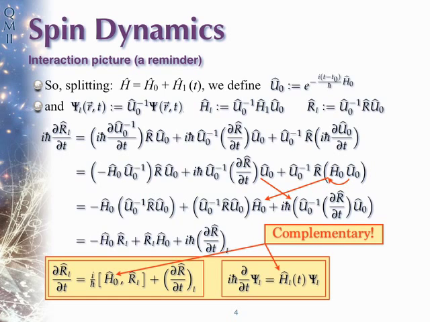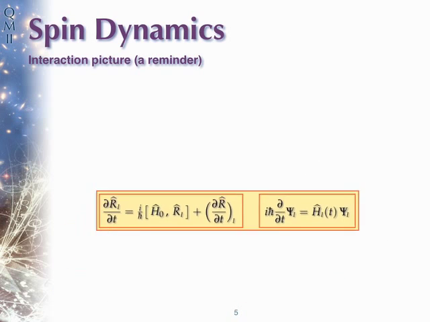While operators evolve as governed by the boring part of the Hamiltonian, the wave functions evolve governed by the interesting part of the Hamiltonian. Of course, the splitting of the Hamiltonian into the two parts H0 and H1 was up to us, so the naming boring and interesting in this case is just for easier remembering, perhaps an easier mnemonic.